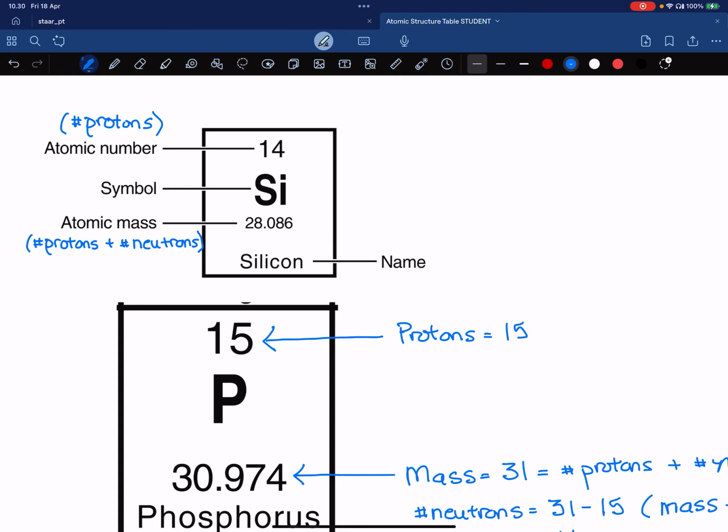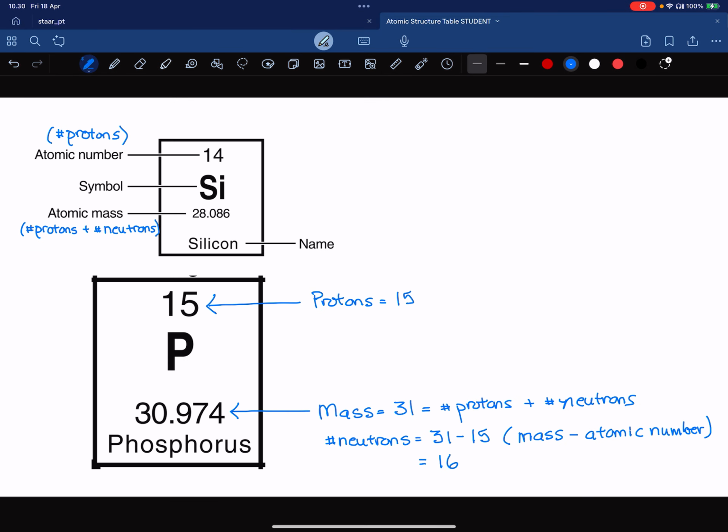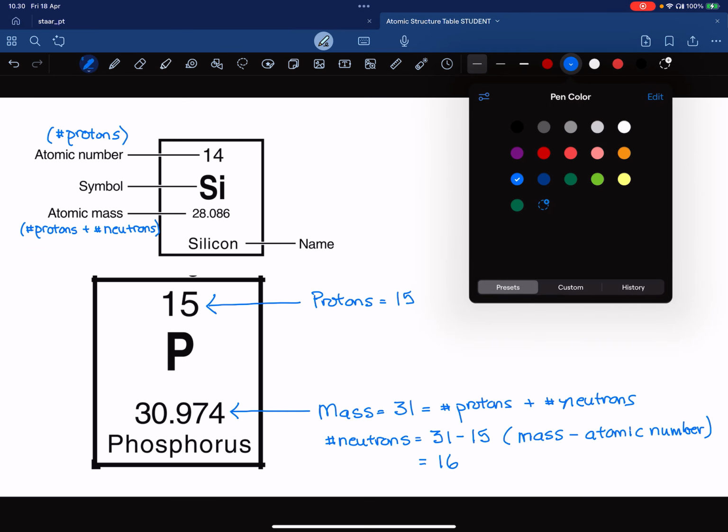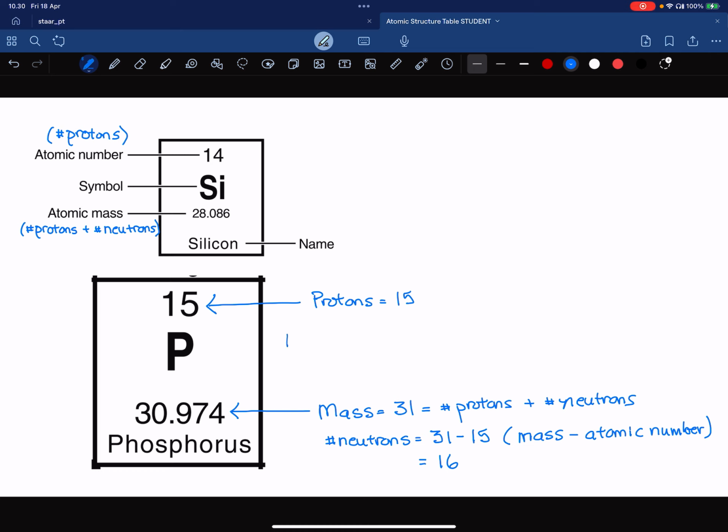All right. Last thing, of course, is the number of electrons. Well, in a neutral atom, which means zero charge, the number of protons is equal to the number of electrons.